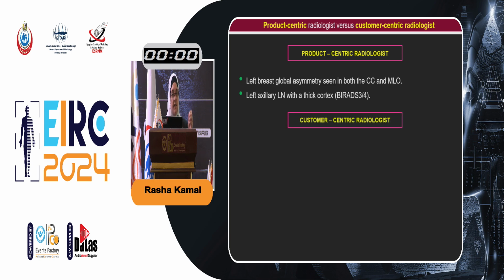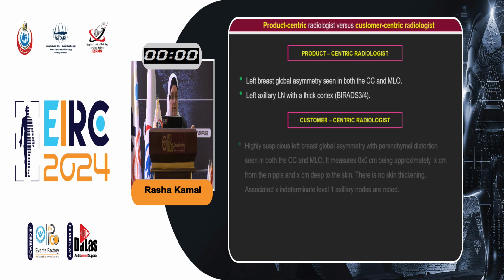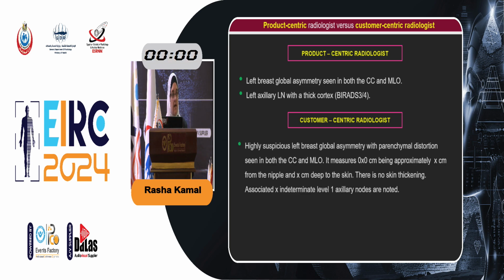But if you know what the clinician needs, you will write something more than this. You will write, yes, there is a highly suspicious left breast global asymmetry with parenchymal distortion seen in both the CC and MLO, but what is more, we should add that it measures X by X centimeters, being approximately X centimeters from the nipple and X centimeters deep to the skin, because all this will help the surgeon to choose the correct surgical technique.